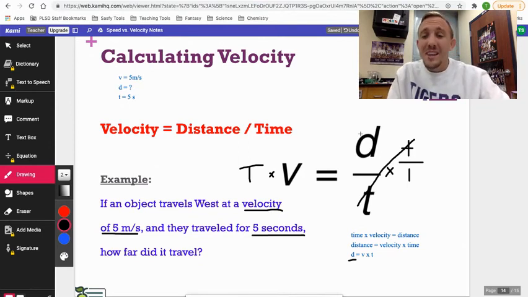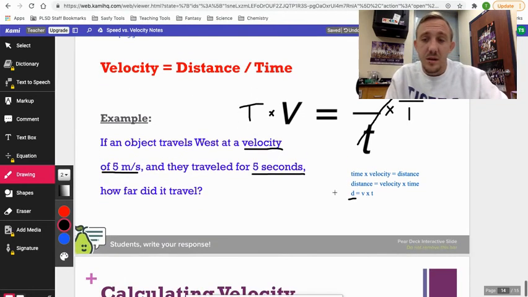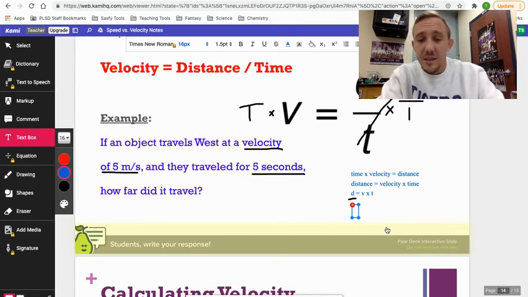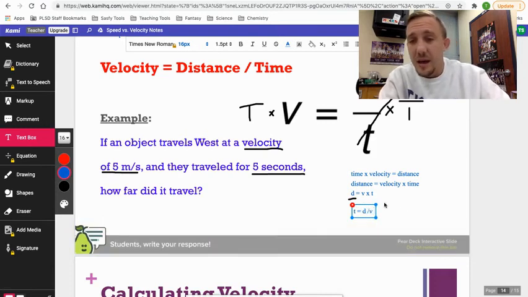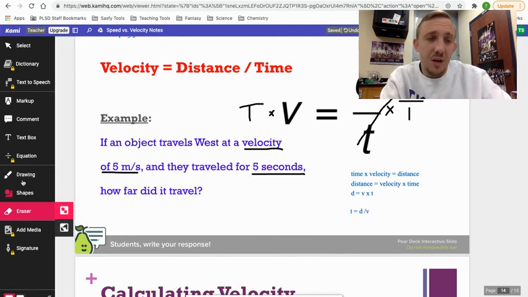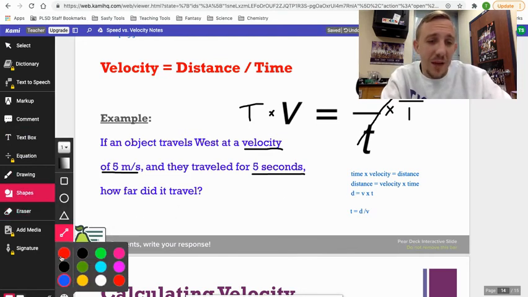Time equals distance divided by velocity. So these are the two equations that I want you guys to write down, and we'll talk in class about how you can break them down.